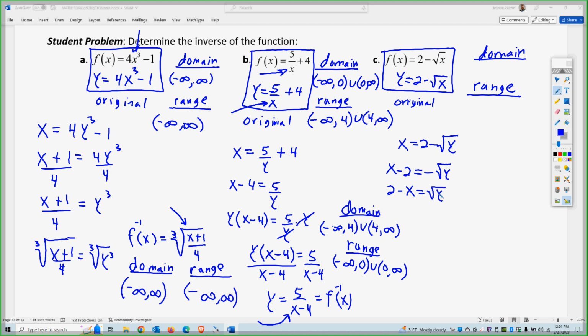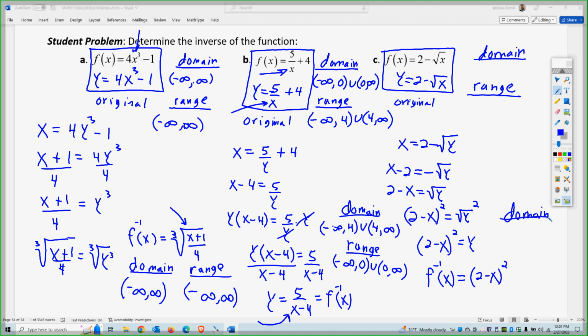Then I'll square both sides, so I have 2 minus x squared equals root y squared. So thus 2 minus x squared equals y. Thus the inverse of f of x is 2 minus x squared. Okay, then we'll write domain and range over here. So domain and range of the inverse.